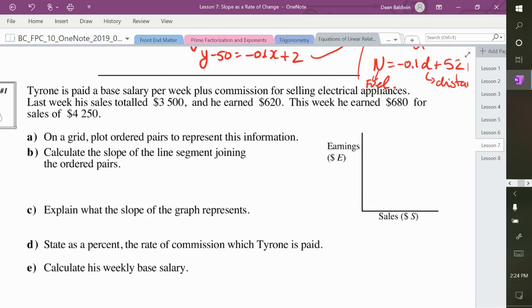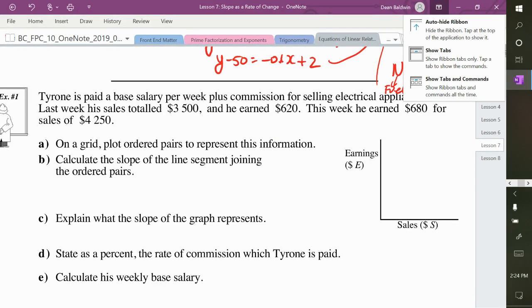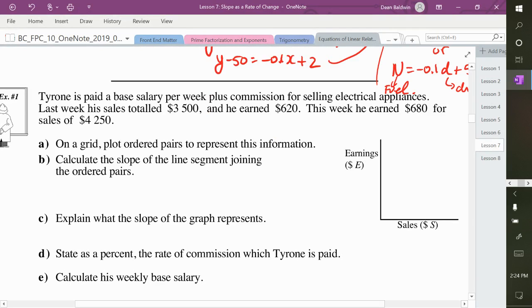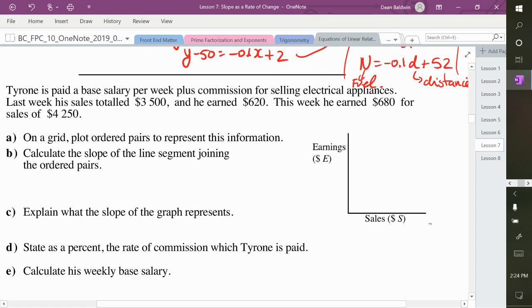So, okay, his sales are on the bottom here. So this is the 3,500 and the 4,250. So just pick a point.